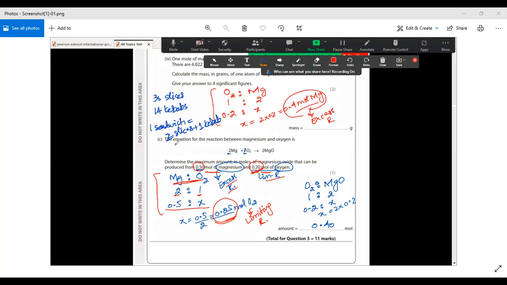Which gives you the idea that if you use the limiting reactant to make predictions about how many sandwiches you can make, your predictions would be correct. But if you predict according to slices, you might end up predicting incorrectly, because you would obviously predict 15 sandwiches when you look at the slices, but that's not the right answer either. So you need to predict as per the limiting reactant.